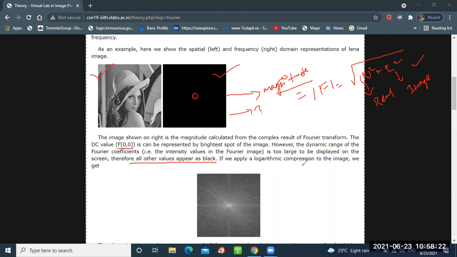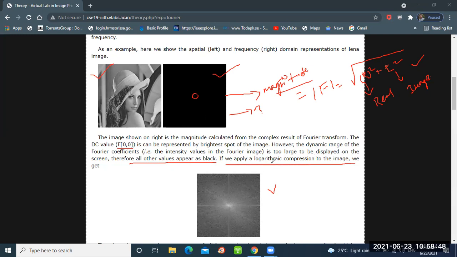Now, if you apply logarithm compression to this image, we will get this. Why were we getting black? Because it is very difficult to represent all these pixels in the frequency domain. The Fourier coefficient is too large for displaying on the screen, and that is the reason it appears black.